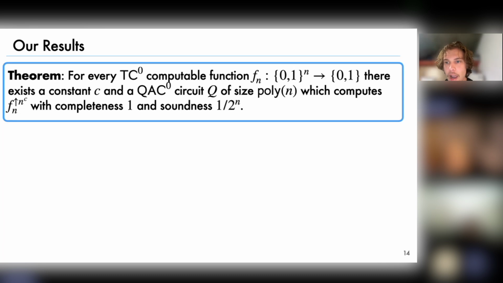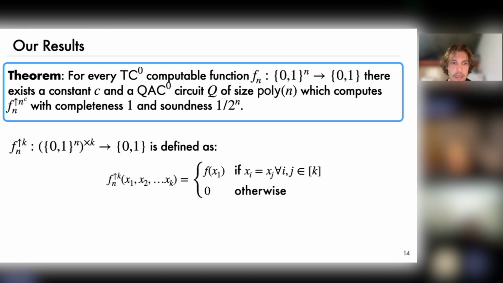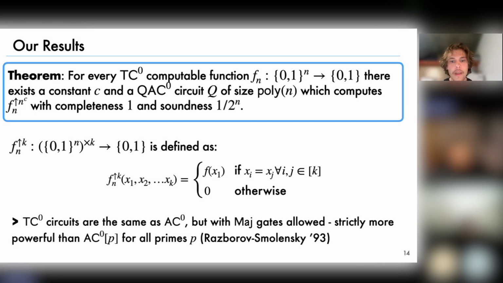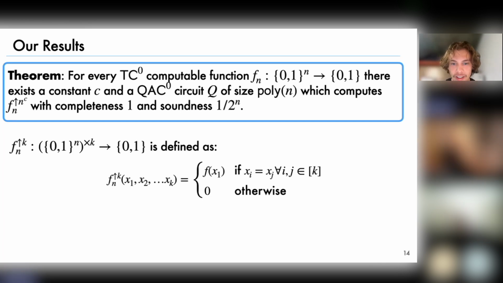And so let me define what this up arrow notation is. If we have some Boolean function that maps from n bits to 1 bit, then f up arrow k is going to be the function which takes in k many n-bit strings. And if all of these k n-bit strings are the same, then we just evaluate the function on one of the chunks. And otherwise, we just output 0. Is this clear?